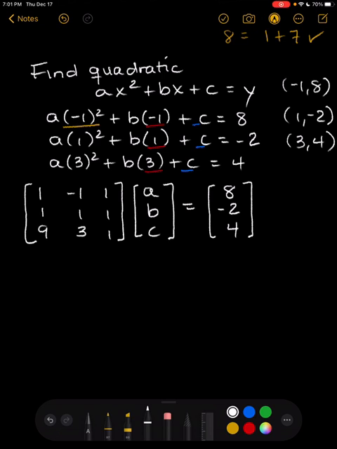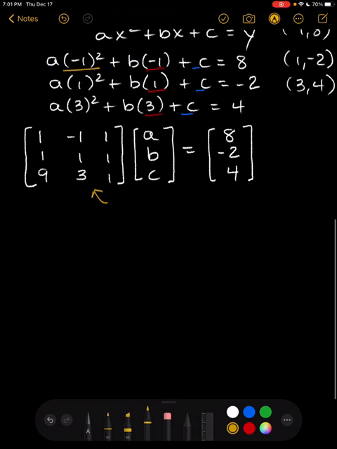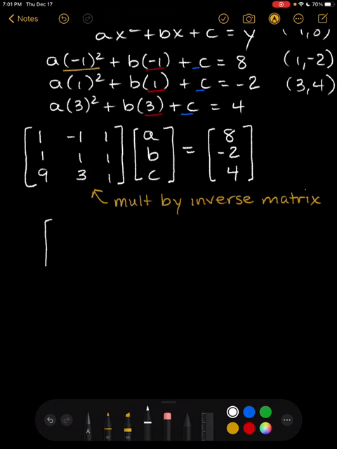And just like the linear equation, you are going to multiply both sides by the inverse matrix of this one. So I'm going to say multiply by inverse matrix on both sides. I won't write it out this time. And once you do that, you will be able to isolate the a, b, c, which are the coefficients we're looking for.